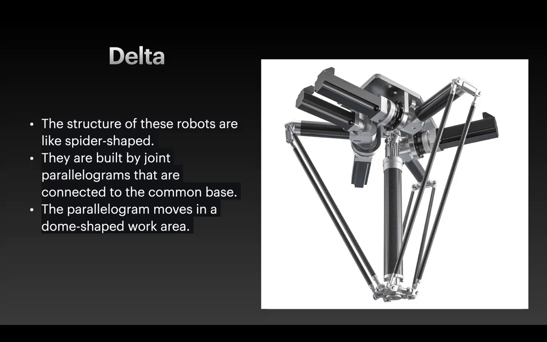The structure of these robots is like a spider shape, right? It's like a spider. This piece we call the head of the robot. So this head can be moved from one place to another using these motors on the top, right?